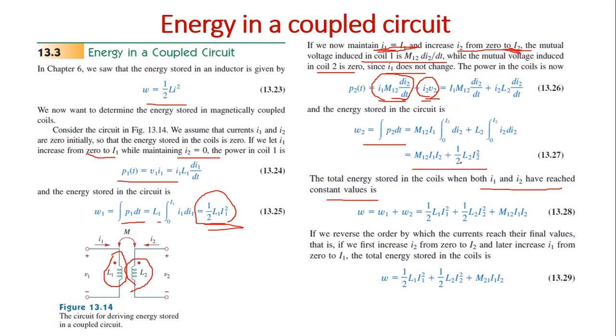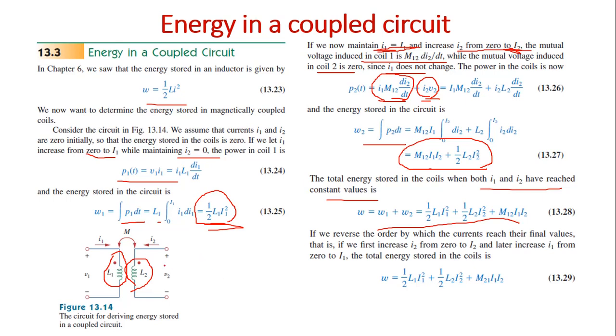Now this is the value of energy when I2 was increased from 0 to I2. Now the total energy is W1 plus W2, which is equal to half L1 I1 square plus half L2 I2 square plus M12 I1 I2.